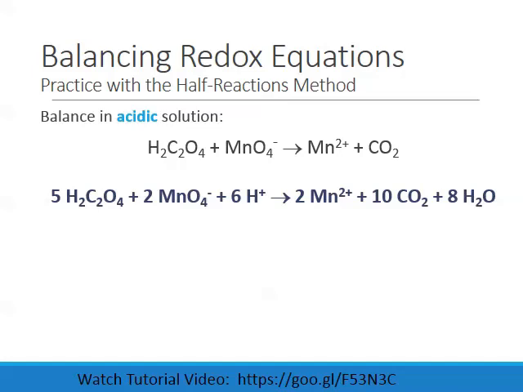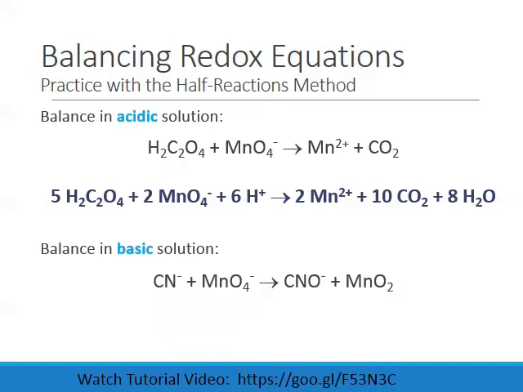Now take one and do it in basic solution. So here is an equation that happens in basic solution. Remember to start by balancing it as though it's in an acid solution, then convert your balanced equation in acid solution to the basic solution as we did on the previous slide by adding hydroxide ions and making water.